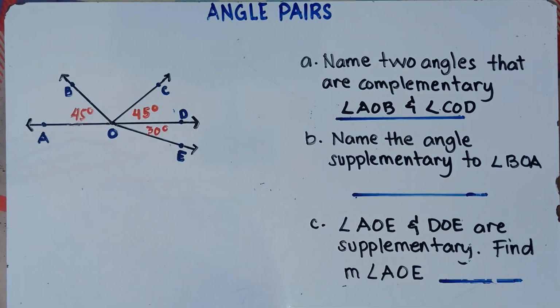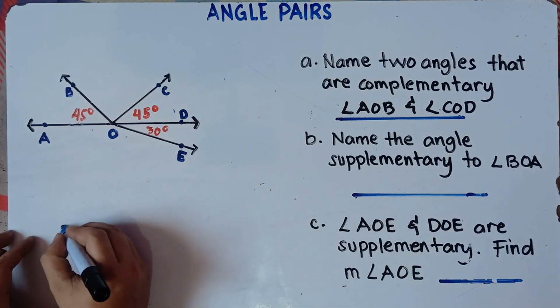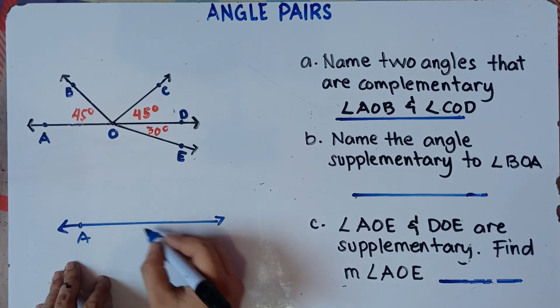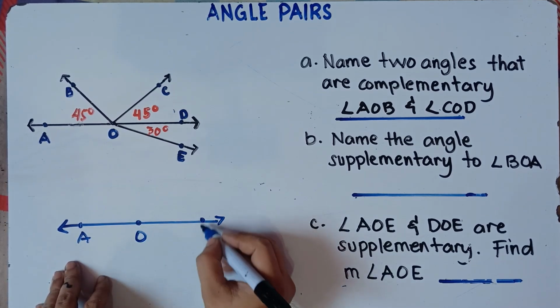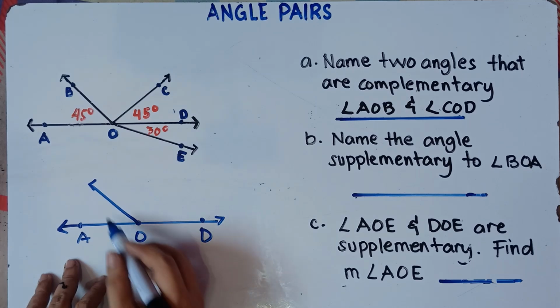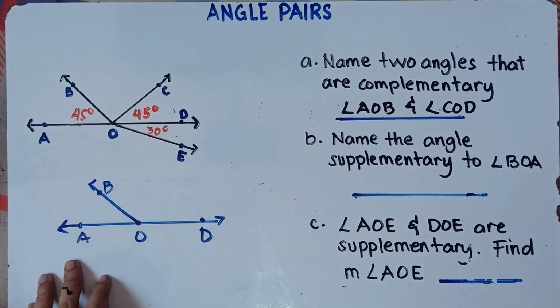Let me write the illustration again for you not to be confused. We have this given illustration. This is A, this is O, and this is D. We have angle AOB, and this is 45 degrees.